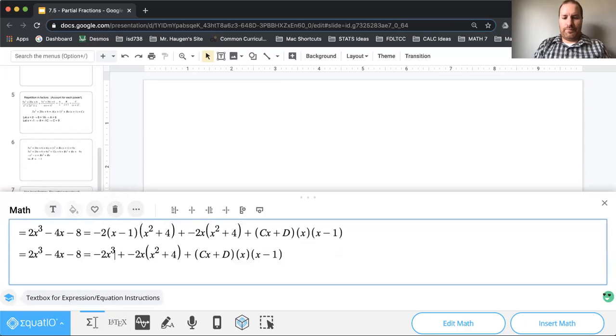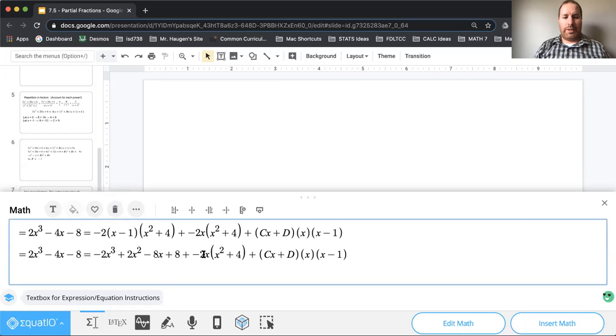Then 4 times x times negative 2, so negative 8x squared, and then negative 4 times negative 2, positive 8. So that's just from this first section here. We have that part done.